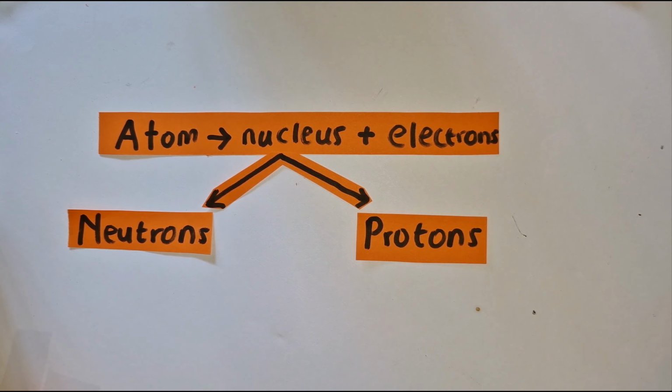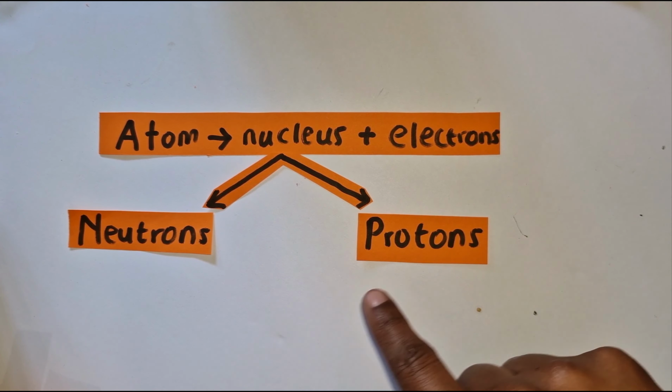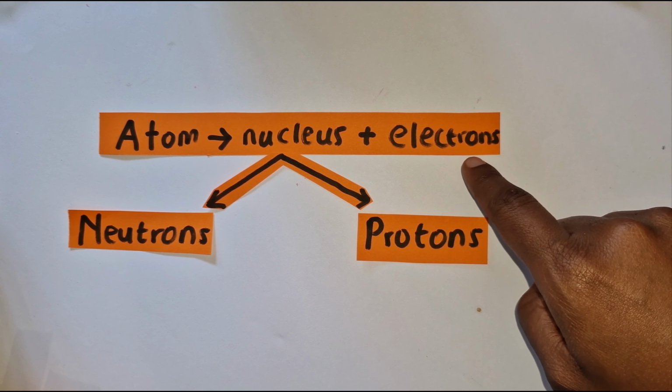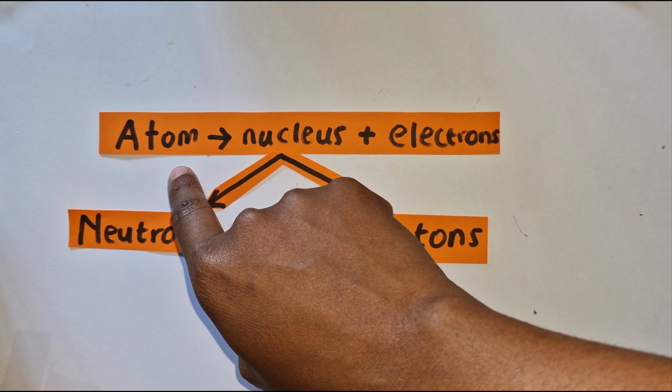So we now have three subatomic particles: neutrons, protons, and electrons, which make up an atom.